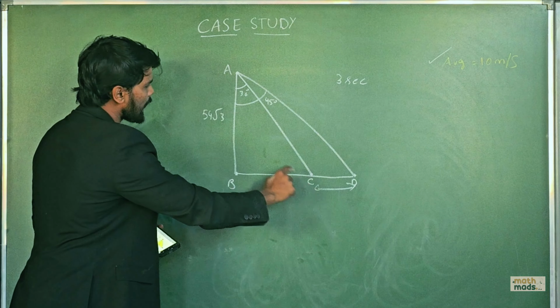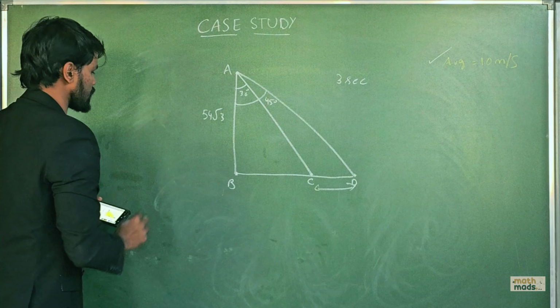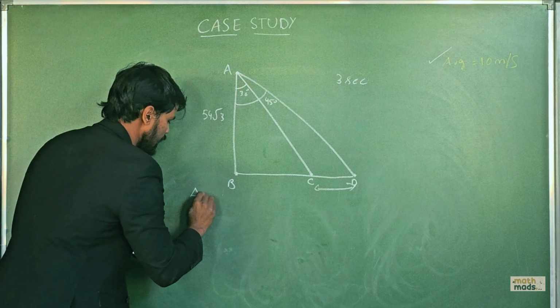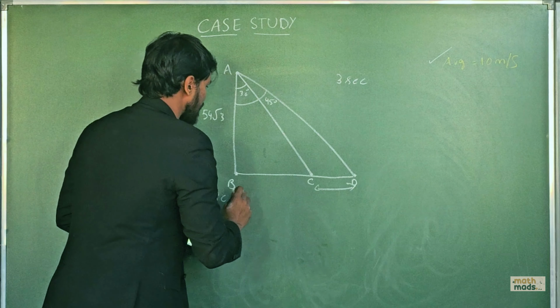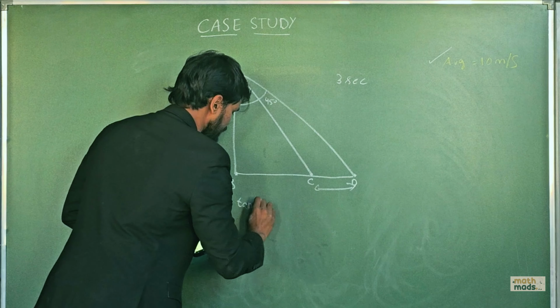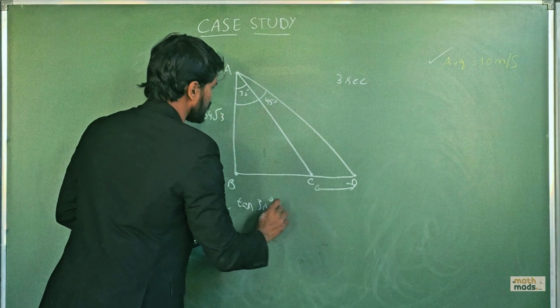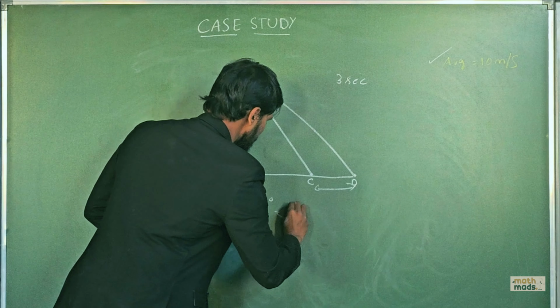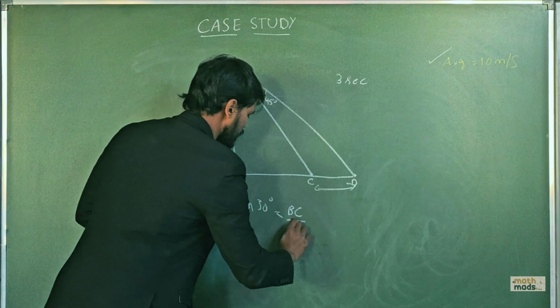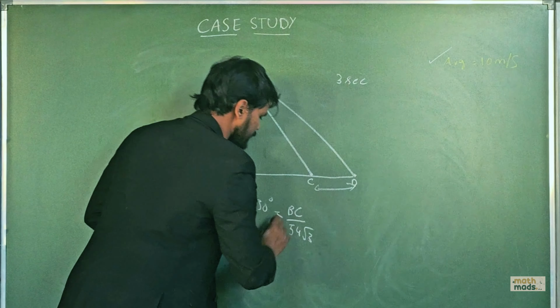So let me consider triangle ABC first. In triangle ABC, we have tan 30 is equal to opposite by adjacent. So we have BC by 54 root 3.